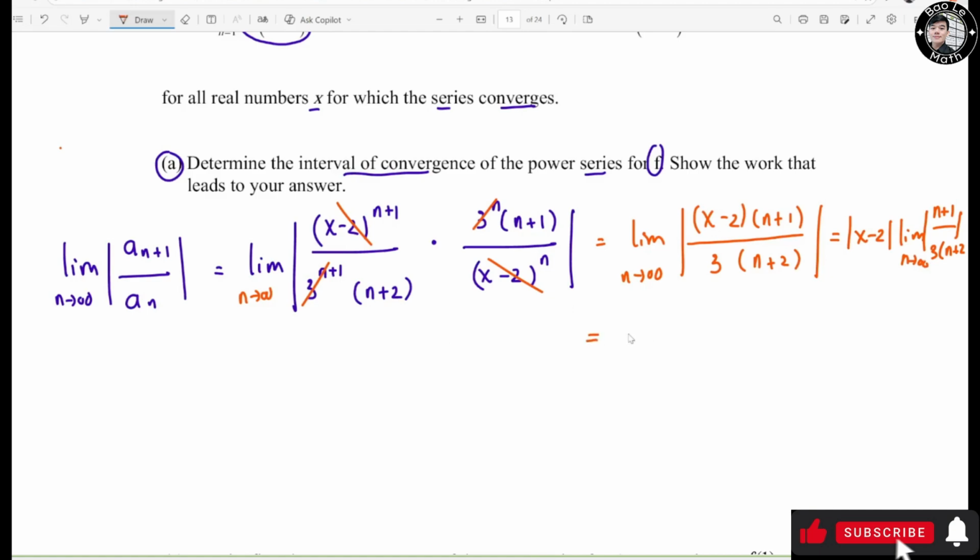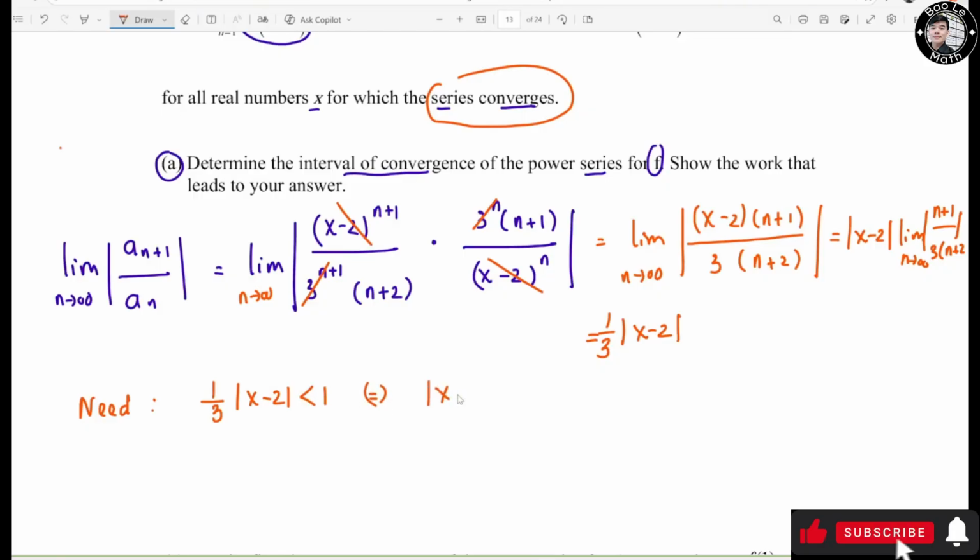So it's going to be the absolute value of s minus 2. When n approaches infinity, this guy right here approaches 1/3, so I put 1/3 right here. Now, in order for this series to be convergent, we need this less than 1. I'm going to multiply both sides by 3, so the absolute value of s minus 2 is less than 3.